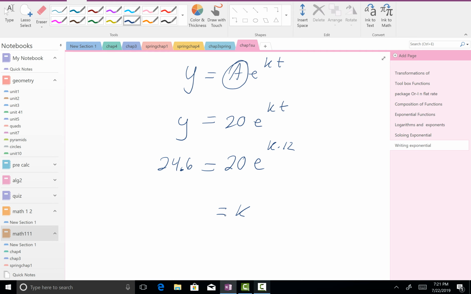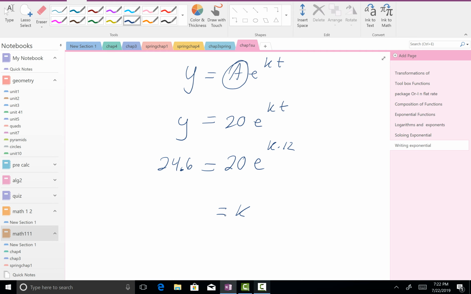Anybody get a K yet? 0.017. Okay, cool. Y equals 20 E to the 0.017 T. So neat. Here's what I'm going to do.